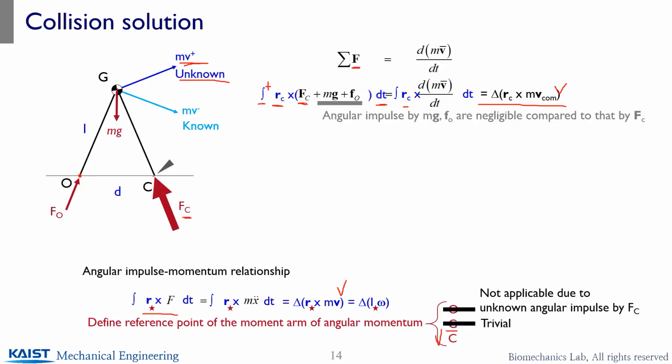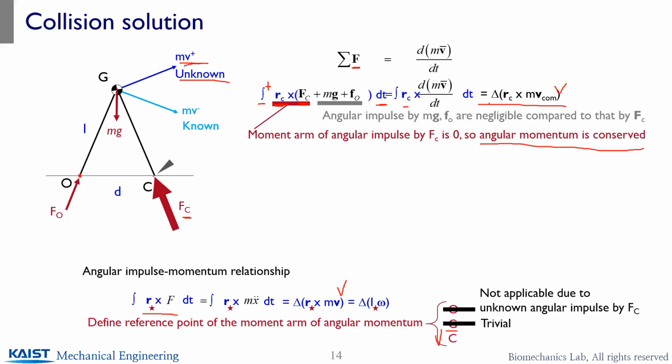And for this one, even though Fc is really large and cannot be ignored over the integral, the moment arm RC is going to be 0 because Fc is applied at C. So this term also turns out to be 0. Therefore, there's no angular impulse applied to the system, so before and after, your angular momentum is conserved.